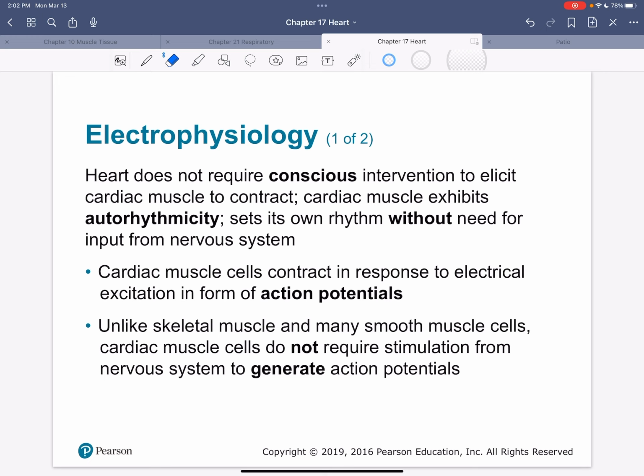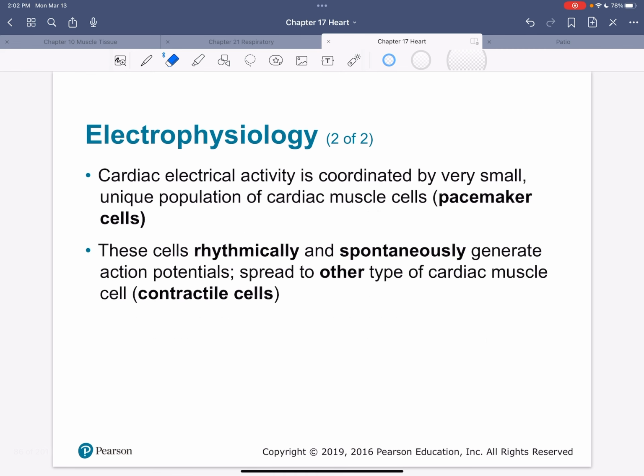Now, very much like skeletal muscle, we're looking at muscle cells that undergo polarization, depolarization, and also have action potentials. Now, let's have a look. When we're talking about the pacemaker cells, we're looking at specialized groups of cells that are located throughout the heart.